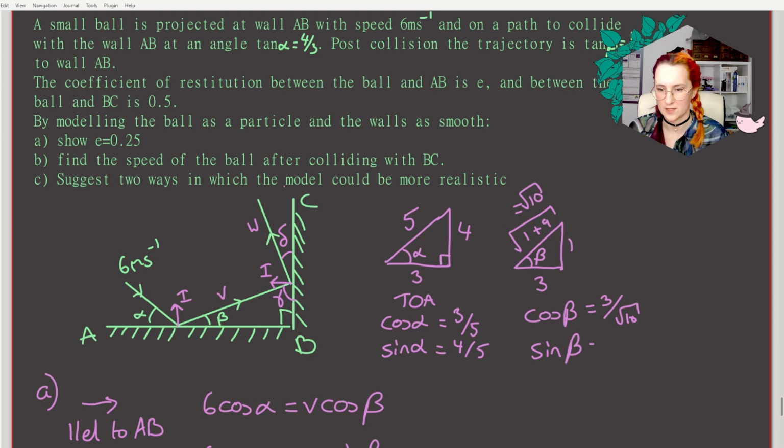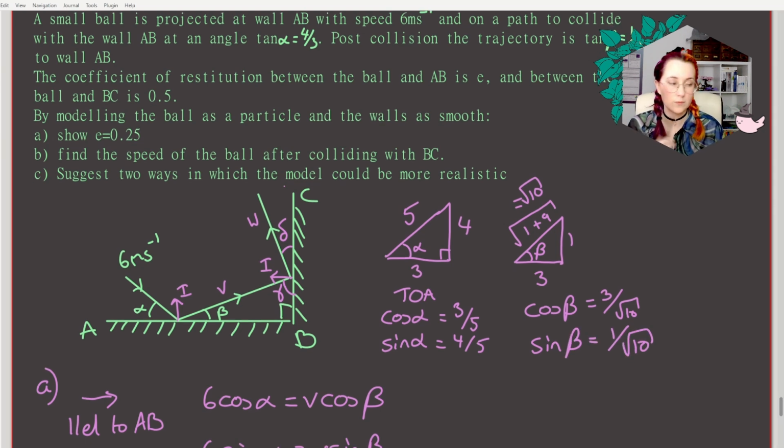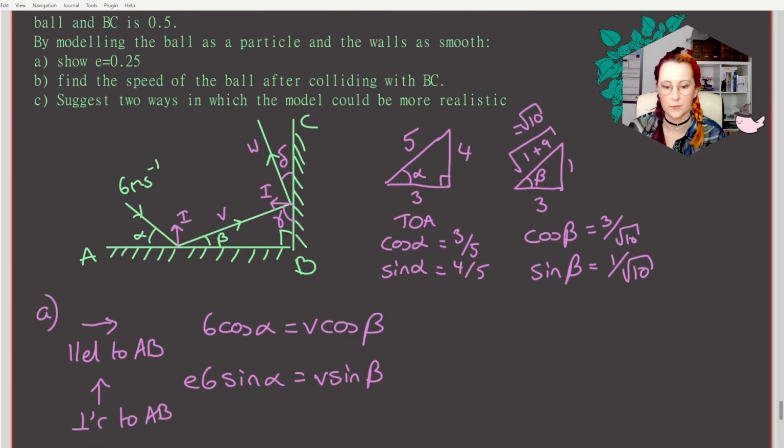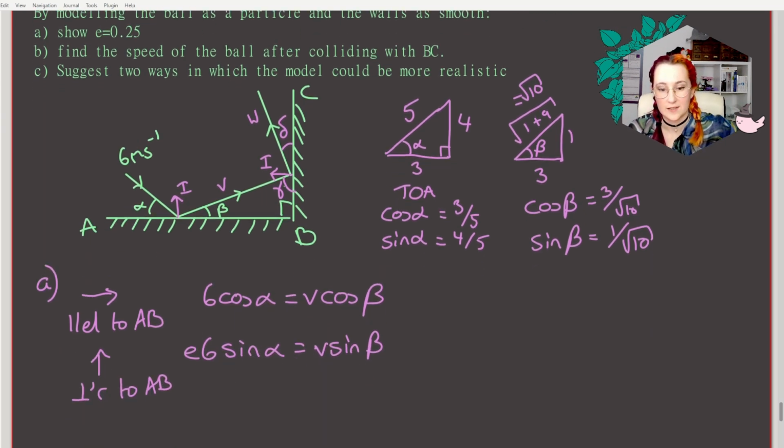And then sine beta is 1/√10. For stuff like this, if you were given it in an exam, you would just use a calculator, but for the minute, that's what that is. So 6 cos of alpha is 3.6, and 6 sine of alpha is 4.8 E.